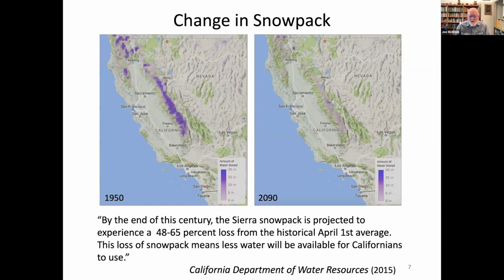Many of our cities depend upon this snowpack for drinking water. We experienced a serious drought from 2014 to 2016, in which cities like Berkeley basically restricted lawn irrigation of trees because there had been so little snowpack and our reservoirs were getting down to critical levels.